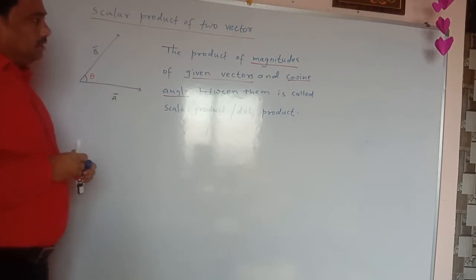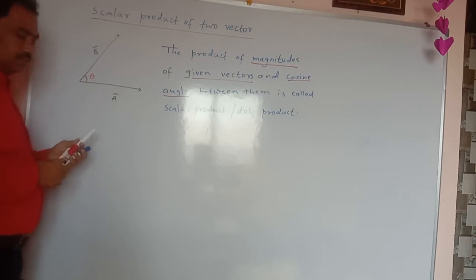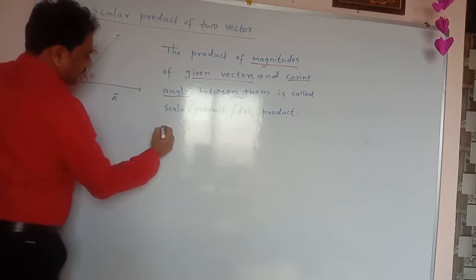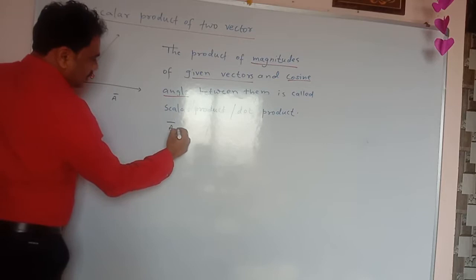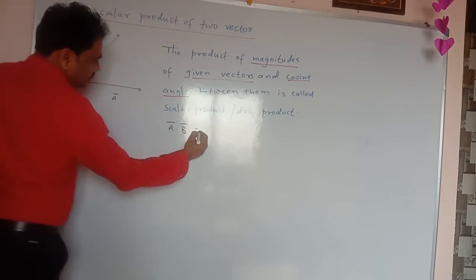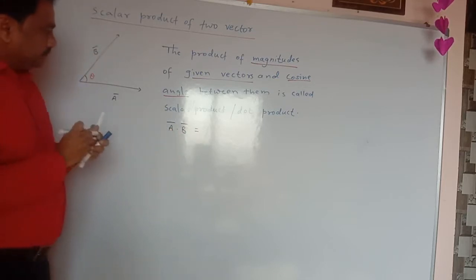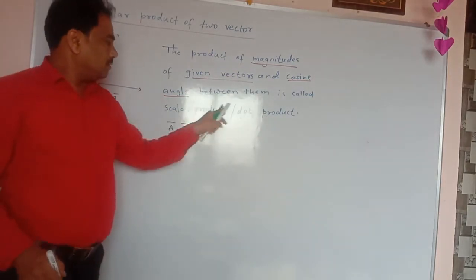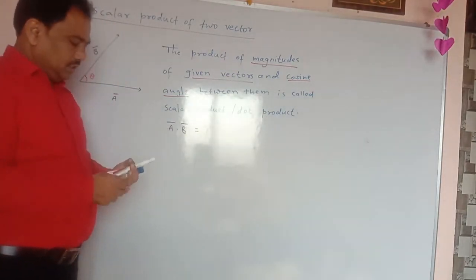Now see what the dot product of these two given vectors is. Here we write vector A and vector B, so we can write vector A dot vector B. This dot represents a dot product, or scalar product.